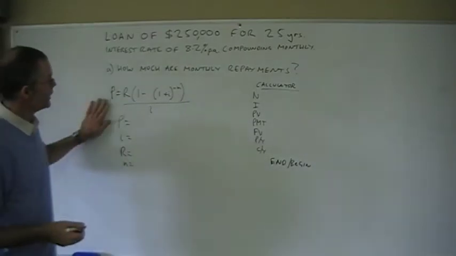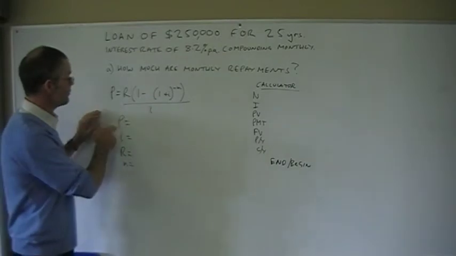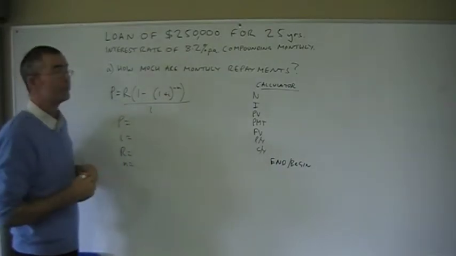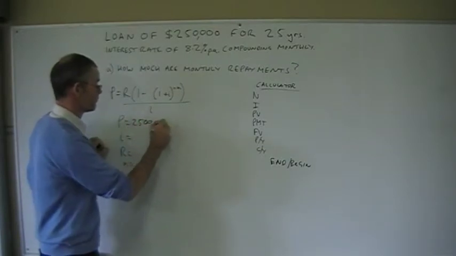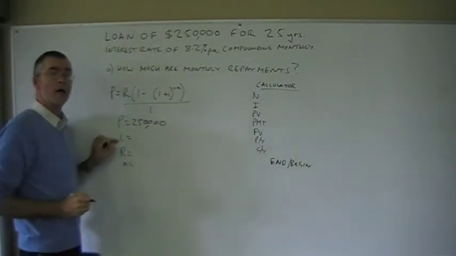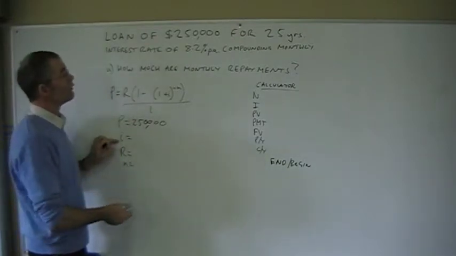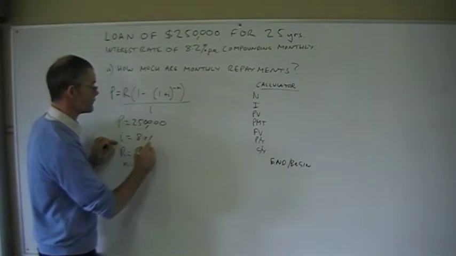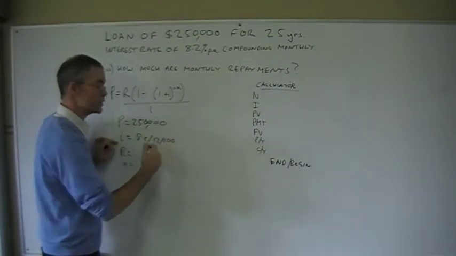Okay, here we go. We need to fill in all the bits we know and work out the bit that we don't. P is the principal that you owe. And in this case, that's 250,000. I is the interest rate per period expressed as a decimal. That's 8.2 divided by 12, because it happens monthly, and divided by 100 changes it to a decimal.